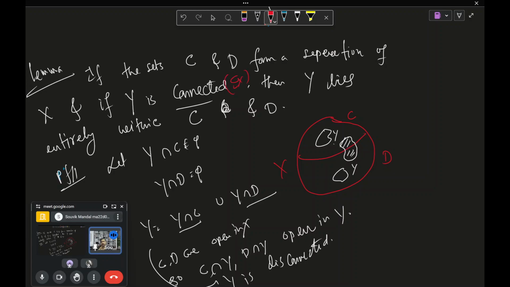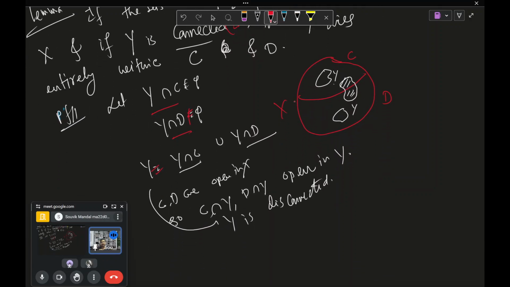Now the question is that Y lies entirely in C or Y lies entirely in D. So we assume that Y intersection C and Y intersection D are both non-empty. Now clearly Y can be written as Y intersection C union Y intersection D.